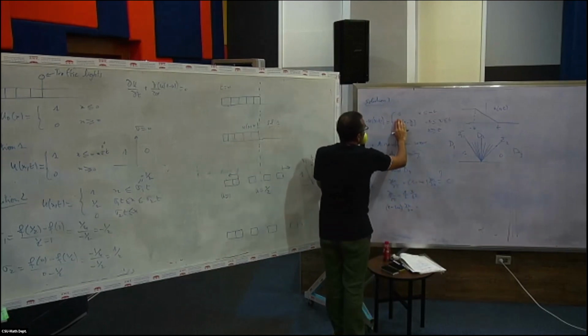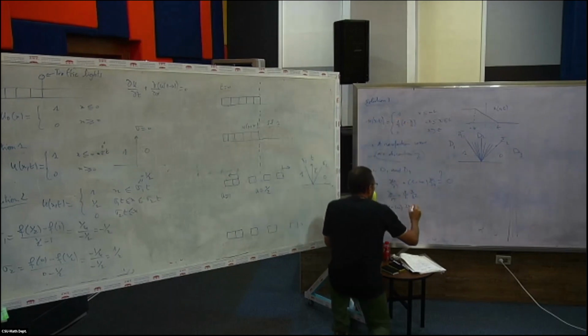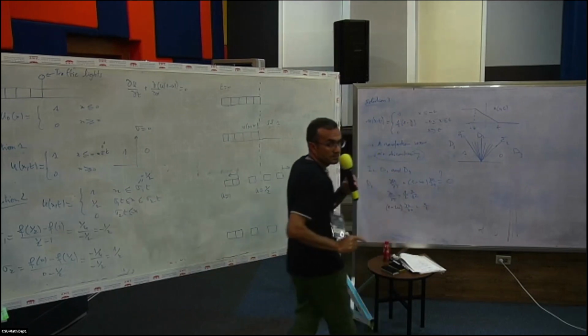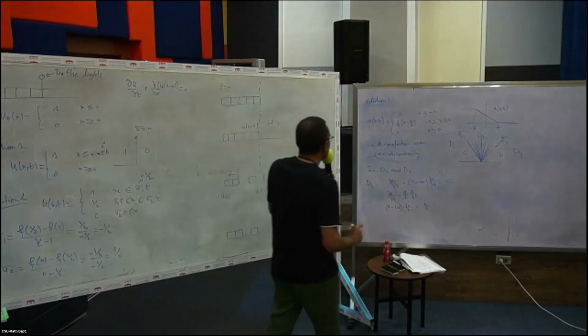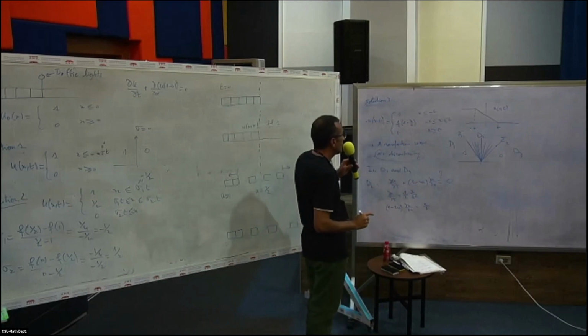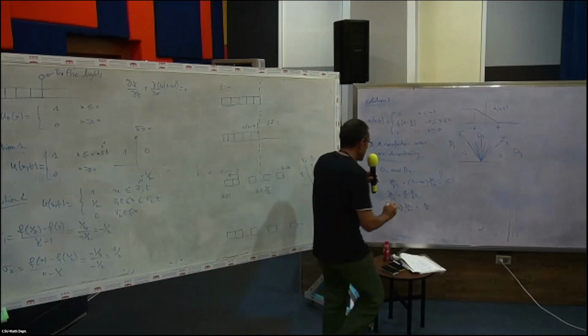So minus 2 times this, and minus 1 minus 1, so you get x over t, I think. Yes, this part. And du divided by dx, here we get minus 1 over 2t.